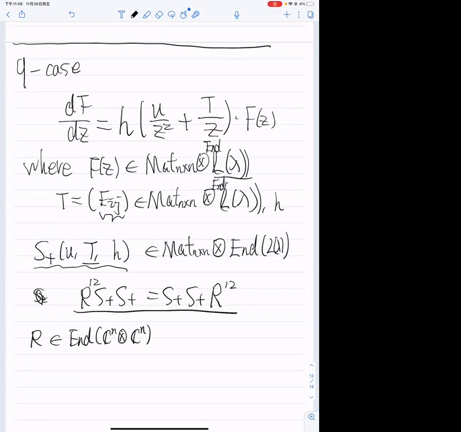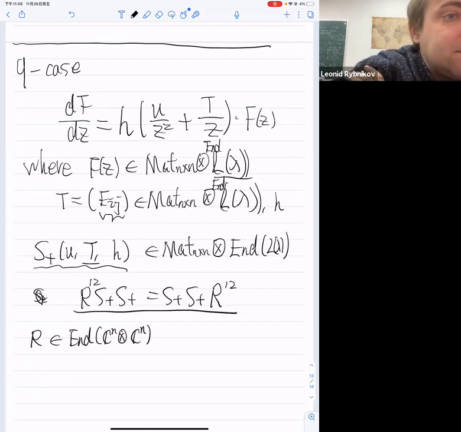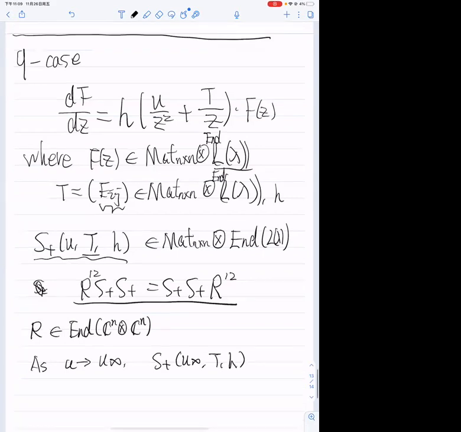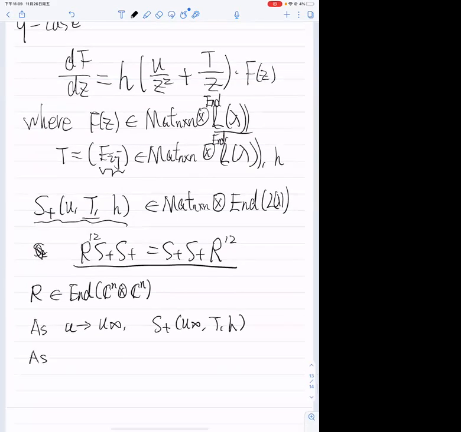Subdiagonal entries of S plus are quantum Chevalley generators, and as you go to the caterpillar point, we also have an explicit formula for this in terms of the Gelfand-Tsetlin basis. Then as H goes to minus infinity, that is, as Q equals exponential 2H goes to 0, this is a WKB.